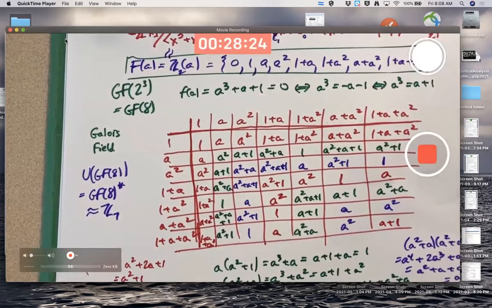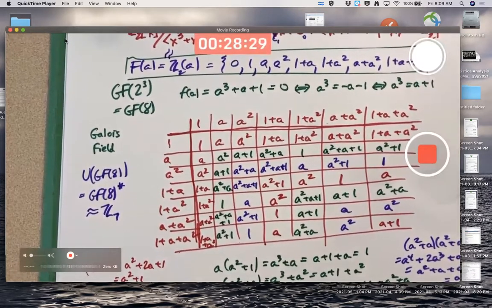What would it be isomorphic to under addition? It would have 8 elements under addition, right? Because you'd include 0 under addition.